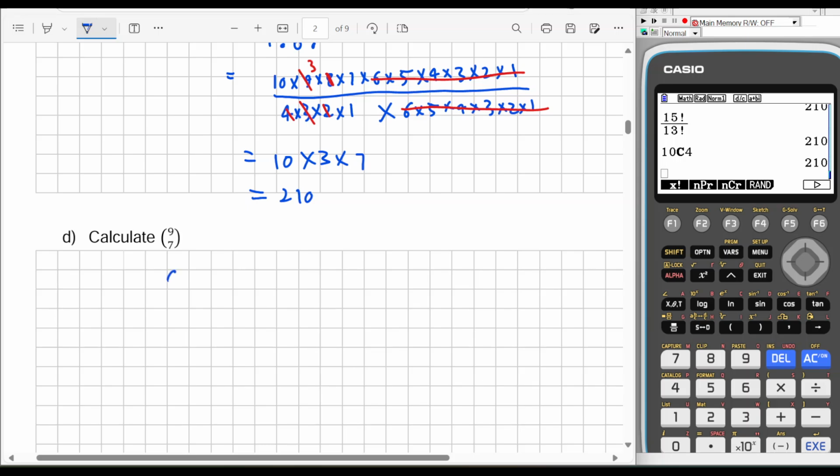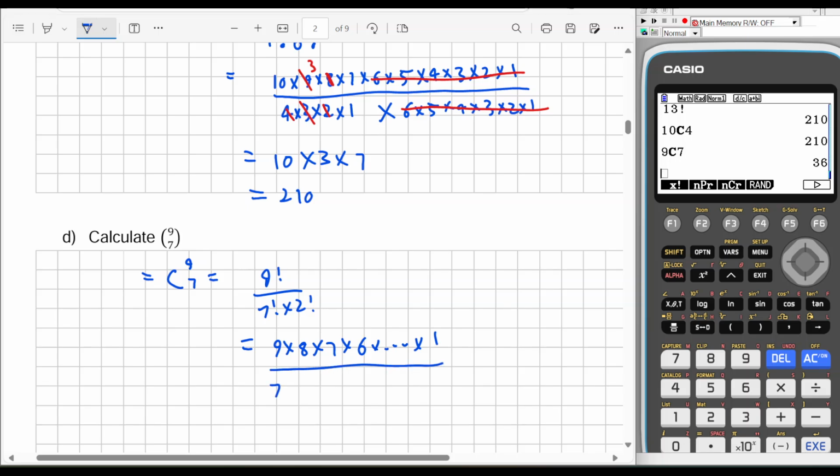This one here is just different notation, so this is C97. So I'll just double check what the answer should be on the calculator before we do it, so 36. And if you step this out, pretty much what you get is 9 factorial over 7 factorial times 2 factorial. So that's 9, 8, 7, 6, all the way down to 1.